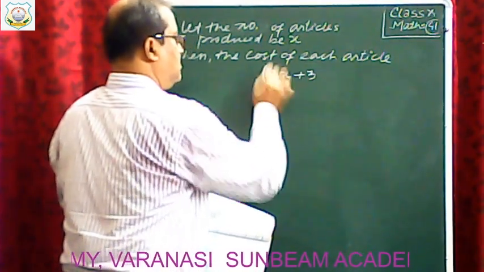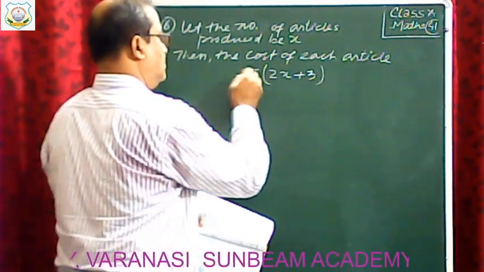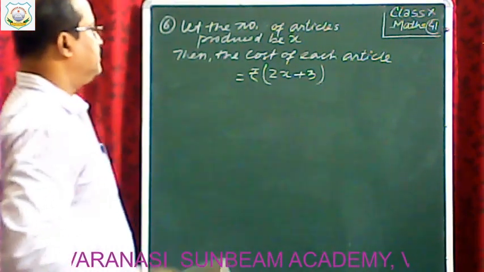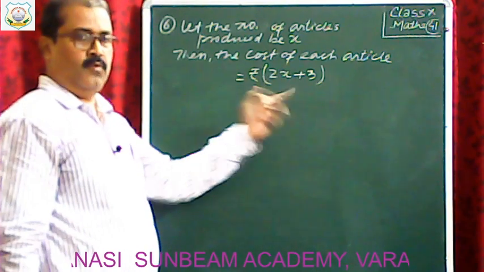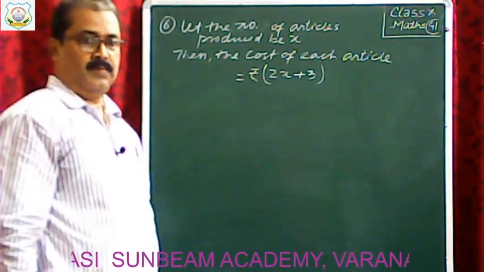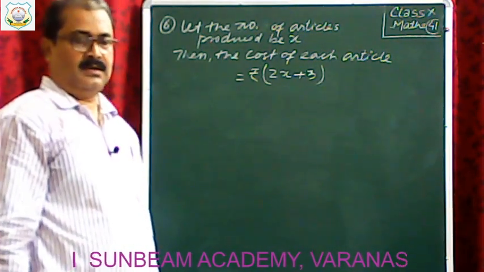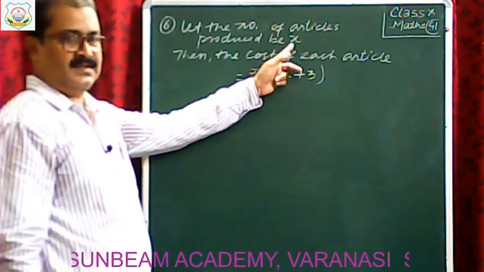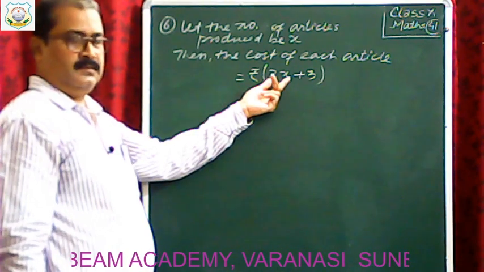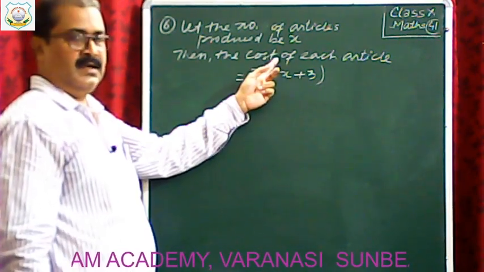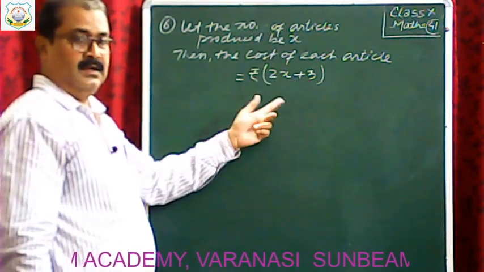Then we get the cost of each article. The cost of each article was more than twice the number of articles produced. The number of articles we supposed x. So twice the number of articles is 2x. The cost of each article is more than twice the articles.